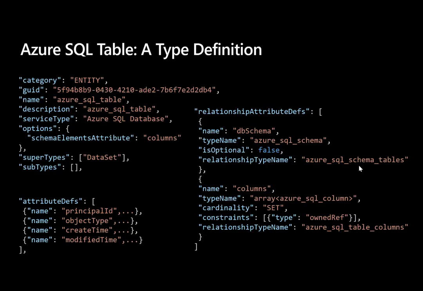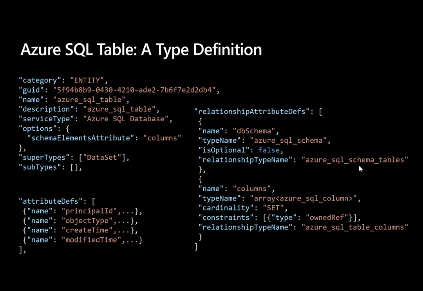Before we get into the actual pseudocode or the Python code that we'll be looking at, ultimately what Purview boils down into is a bunch of JSON objects that you can manipulate. In an Azure SQL table, we can look at the type definition of this, and we can get very, very specific on what attributes we are capturing, and we can see how some of this is designed and developed here.